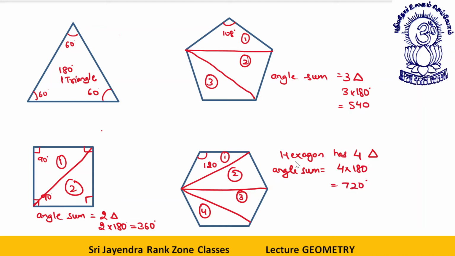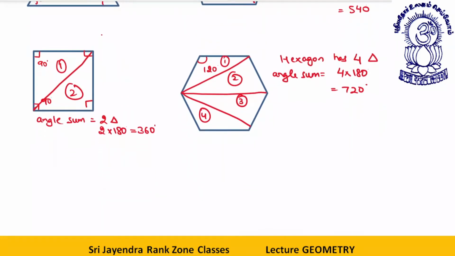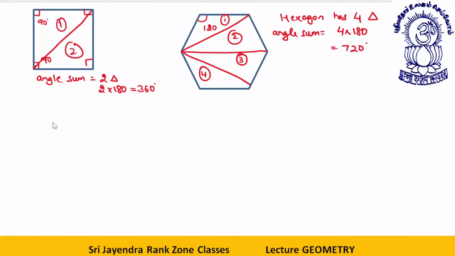One thing I have told you. What I want to explain is that a polygon which has n sides can have n minus 2 triangles.